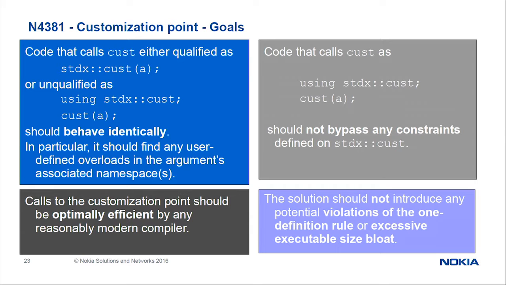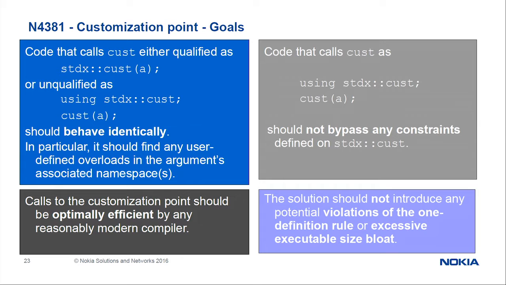Okay, let's see what the range says, and this slide has as goals. The range says one, exactly that: if we use a customization point directly qualified, it works, of course.